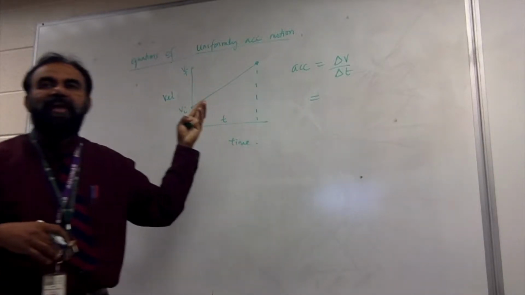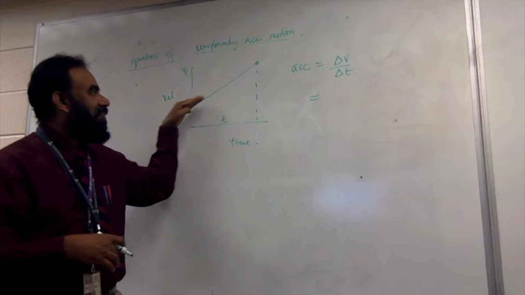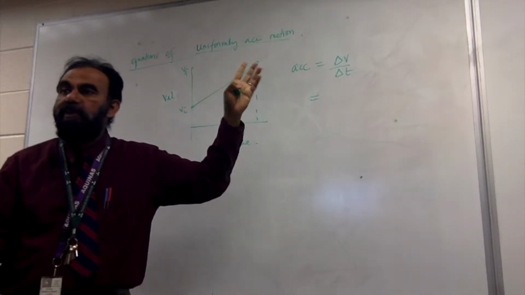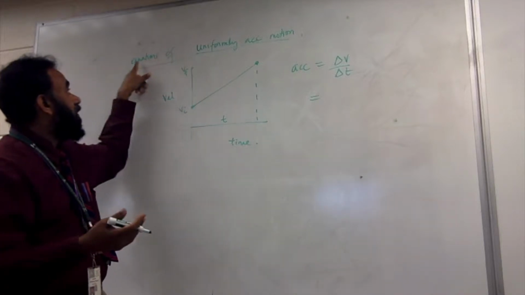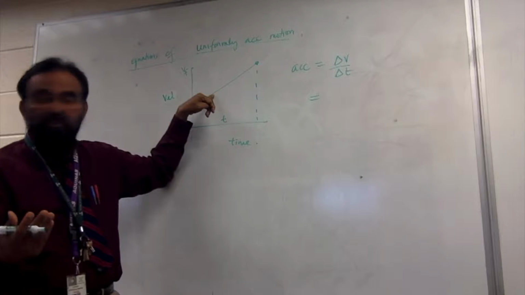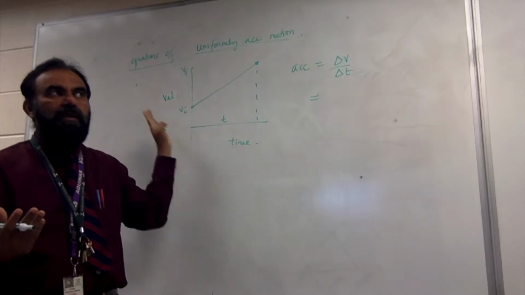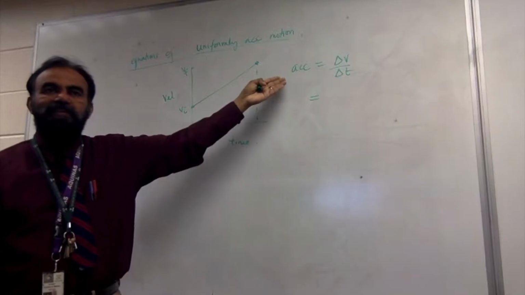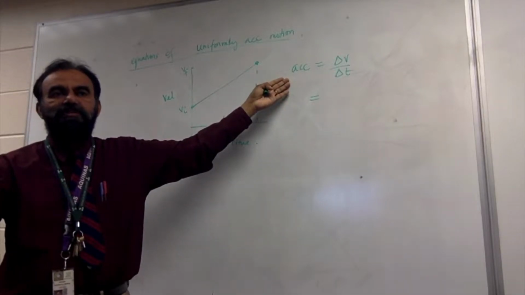Now, we can call it average acceleration, but average acceleration and instantaneous acceleration are all going to be the same because it is uniformly accelerated. So it doesn't matter whether you do instantaneous acceleration or an overall average acceleration. That's why if you write acceleration, it's understood.